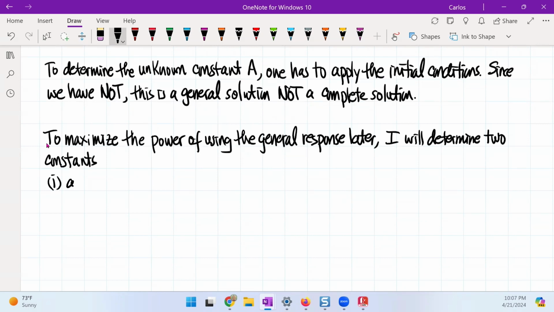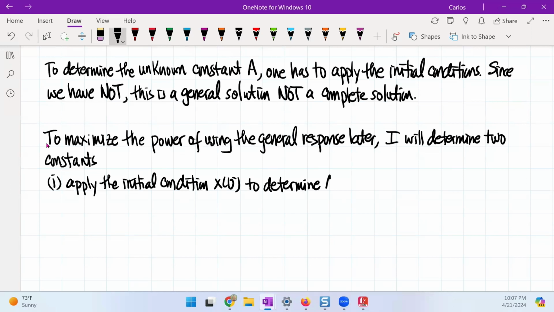So we have to apply the initial condition x of 0 minus to determine A. That's what we got to do.